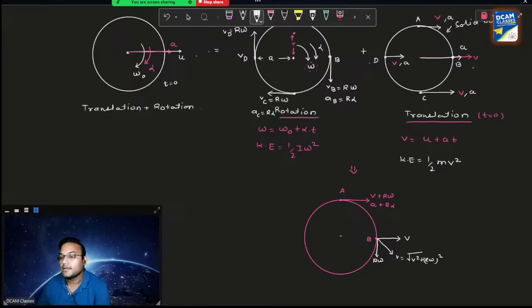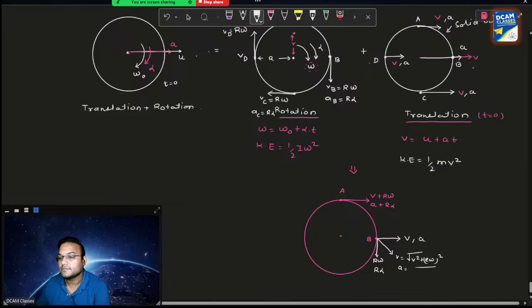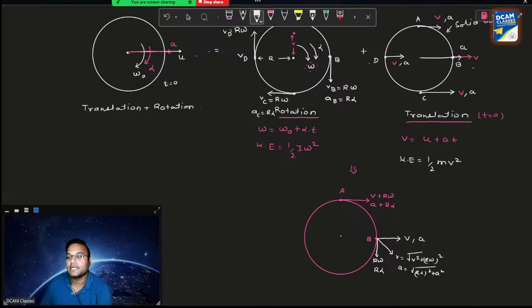Similarly, acceleration is in this direction, r alpha is in this direction. So the net acceleration also will be in this direction. I'm just trying to show you how to calculate the net one. It's not needed. It has two accelerations, forward and downward.